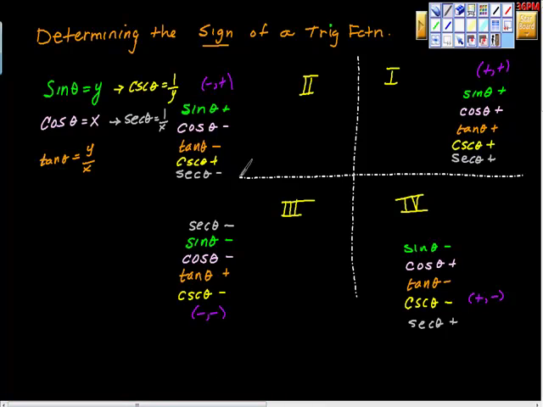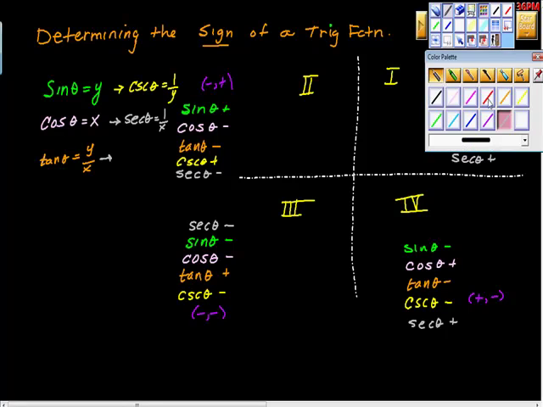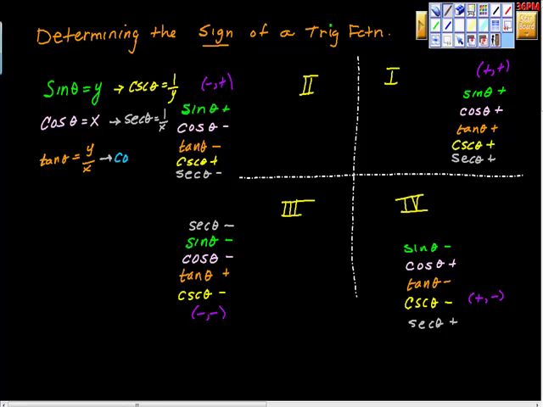So where does that get us? We're doing pretty good. Finally, we're almost done, record time. Remember that cotan theta is the reciprocal of tan theta, so it's x over y. The same thing is true: when both are positive, this will be positive. So cotan theta is positive here, and positive here.